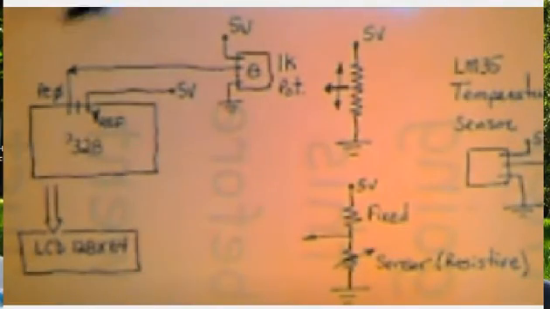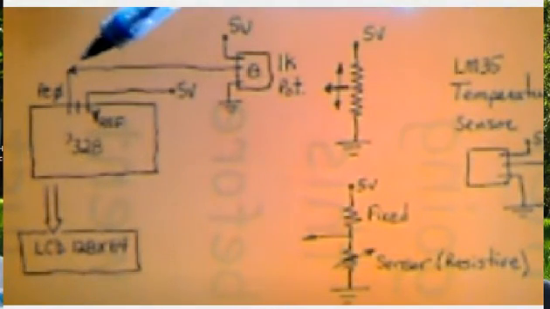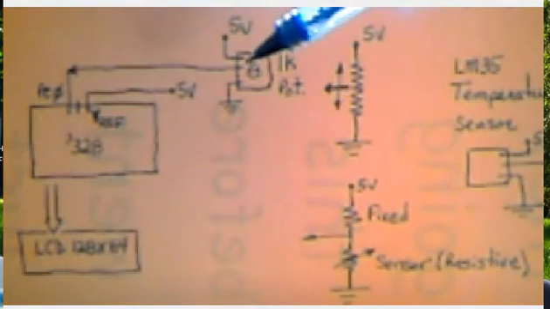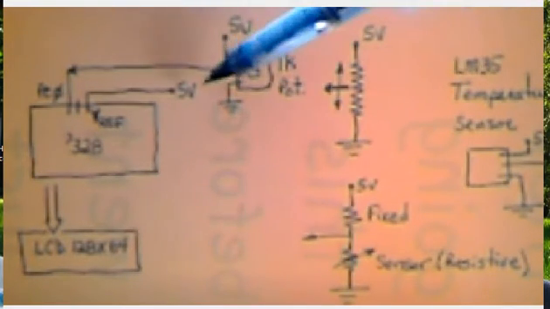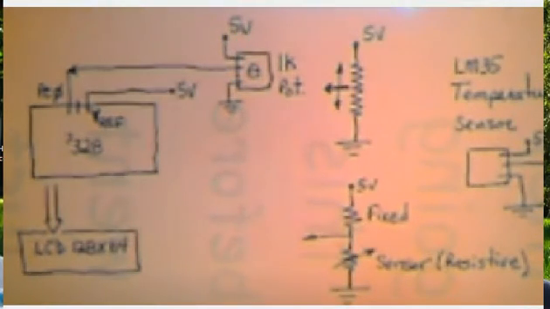In my diagram, I'm using PC0, the very first one. To that pin, I connect an analog voltage. This voltage cannot exceed 5 volts, otherwise you could damage the chip.